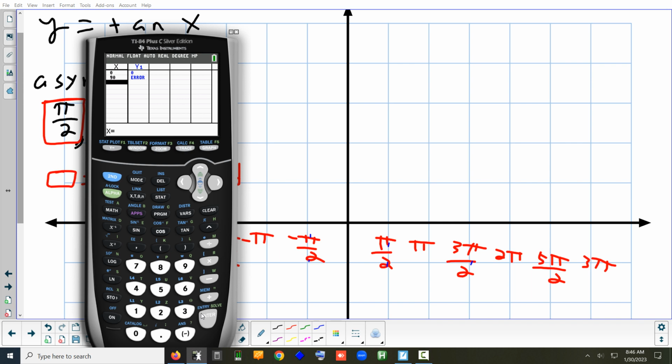What's the next multiple of 90 after 90? Yeah? 180. So that one's probably going to be fine because it's every other. And then what's the next multiple of 90 after that? Yeah? 270. So that one's not going to be fine. So you get asymptotes every other multiple of 90, starting at 90.